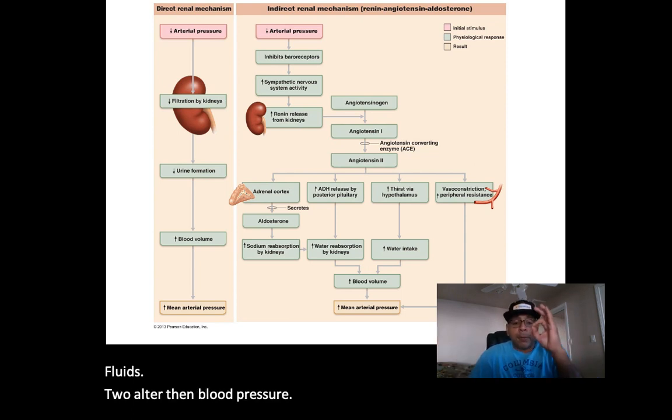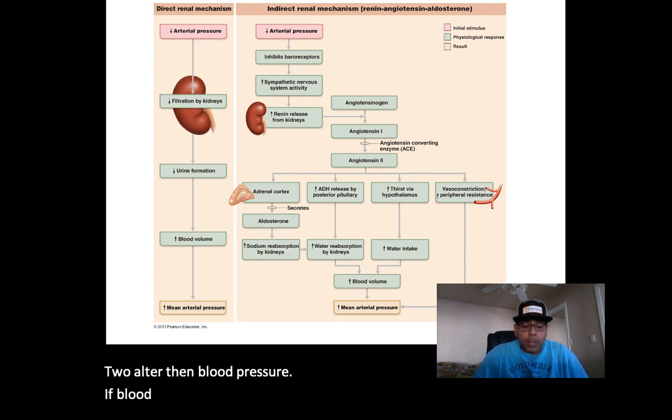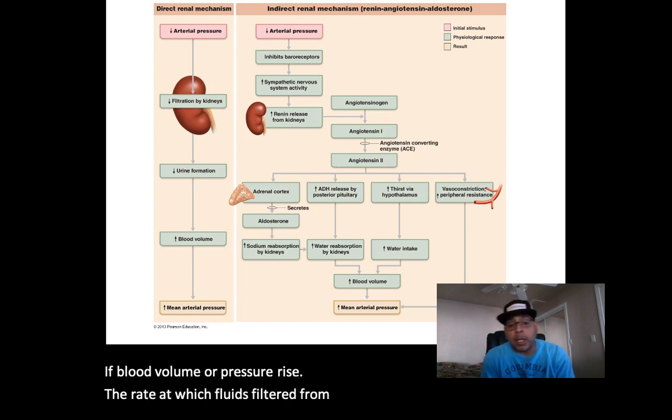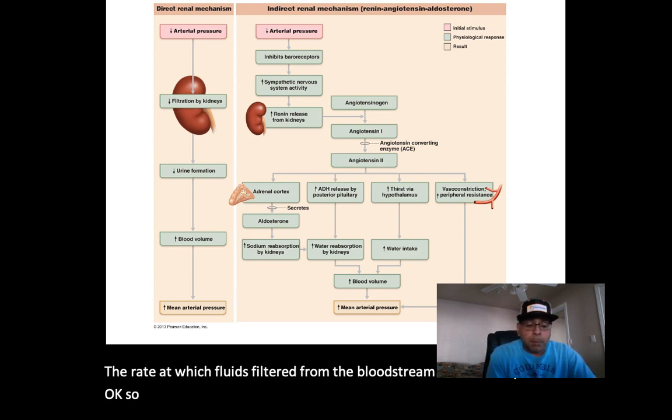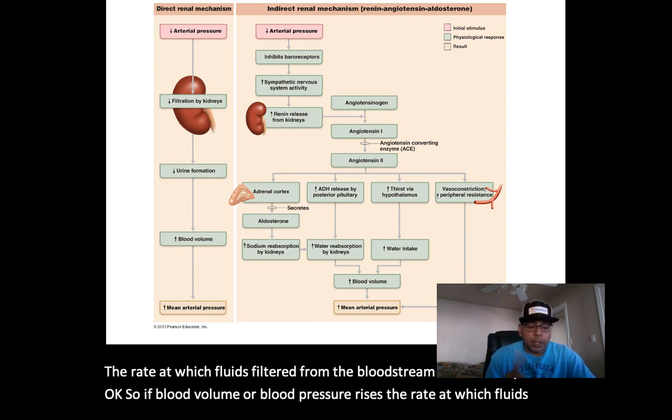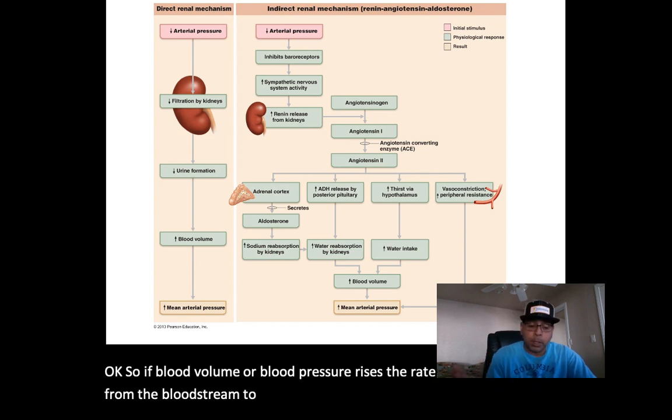If blood volume or blood pressure rises, the rate at which fluids filter from the bloodstream to the kidney tubules speeds up.